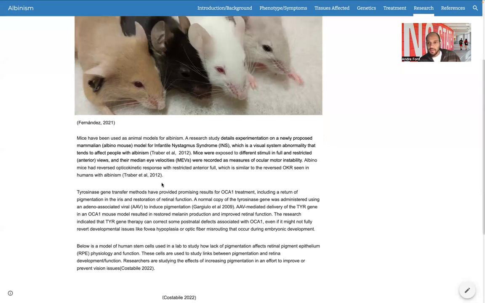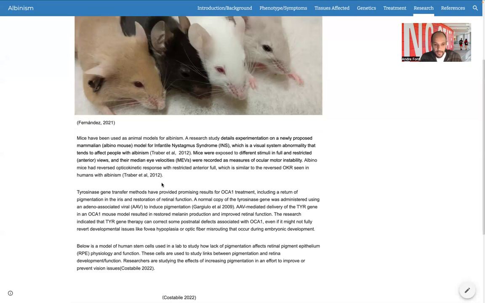You could picture how tyrosinase would actually help them produce melanin again, since that's what's blocked on that diagram. And they administer the tyrosinase gene through something called adeno-associated viral mediated delivery.